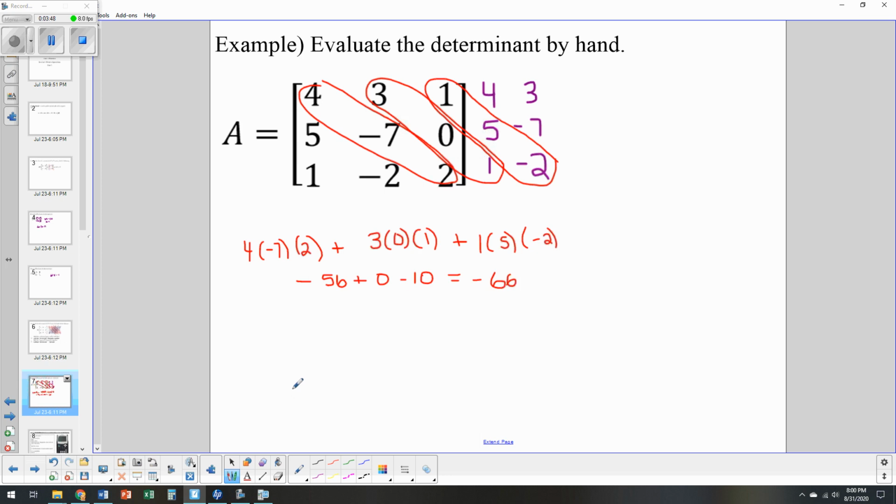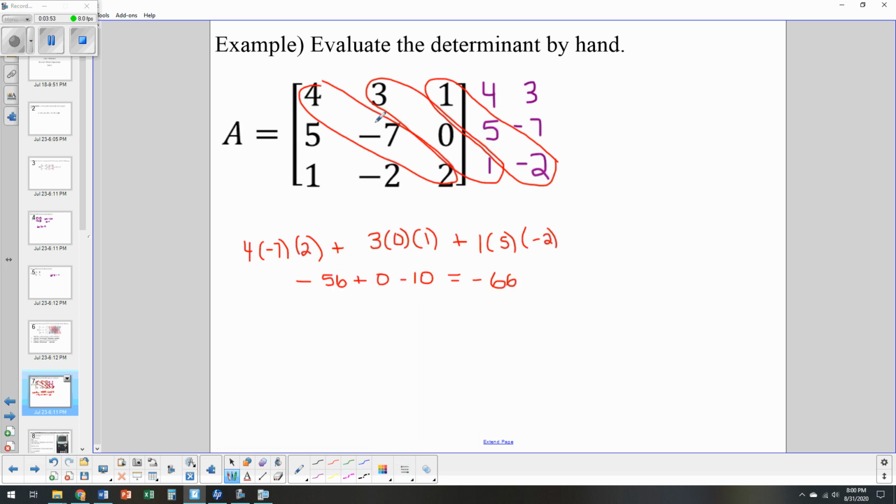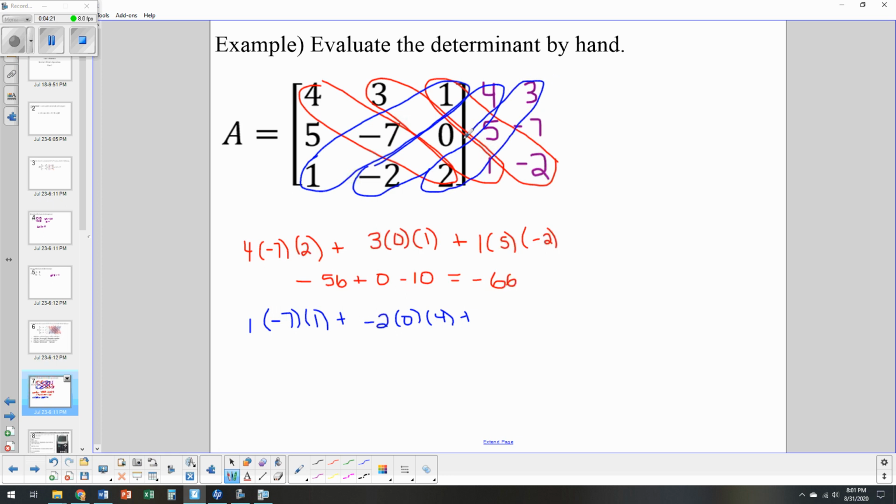All right, now we're going to do the upward diagonals. So start in the bottom corner. It's our first upward diagonal. 1 times -7 times 1 plus -2 times 0 times 4 plus 2 times 5 times 3.